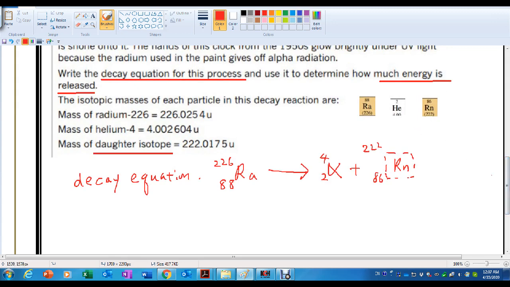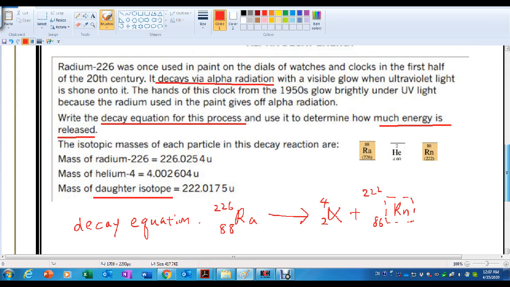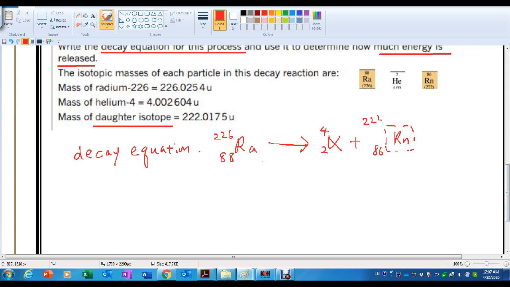How much energy is released? How could we find the energy release? Remember, the mass on the left hand side will always be greater than the mass on the right hand side because you need to have a mass defect. So energy is always released here. The whole process is a mass defect, and the loss in mass becomes energy.